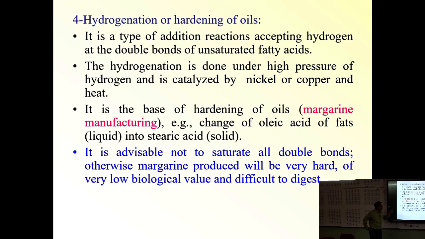Remember, oleic acid of fats is converted into stearic acid, it means what? Liquid is converted into a solid, which means hydrogenation. In the hardening process, it is advisable not to saturate all double bonds, otherwise the margarine produced will be very hard, of very low biological value and difficult to digest.